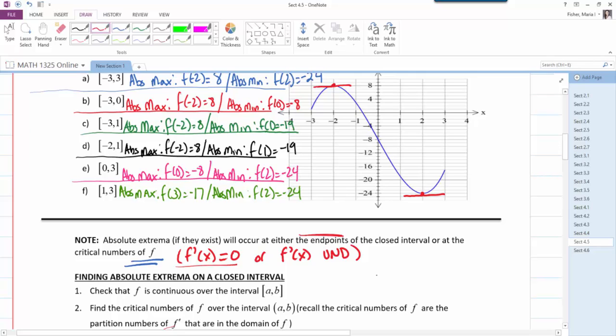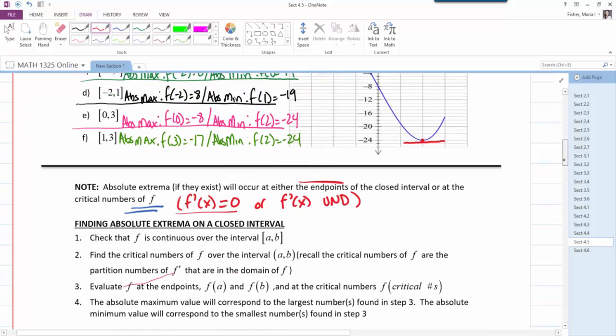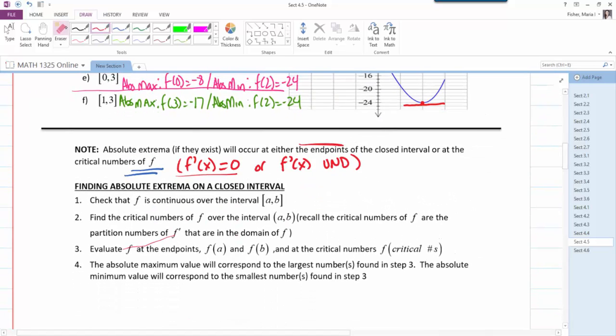So how do you find absolute extrema if we're not given a picture? Well, if we're not given a picture and we're asked to find absolute extrema, what we do is first make sure that f is continuous over the interval that it's closed on. Most of the time it always will be. Then you find the critical numbers of your function over [a, b].